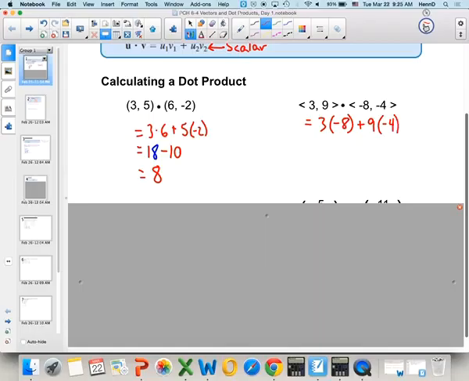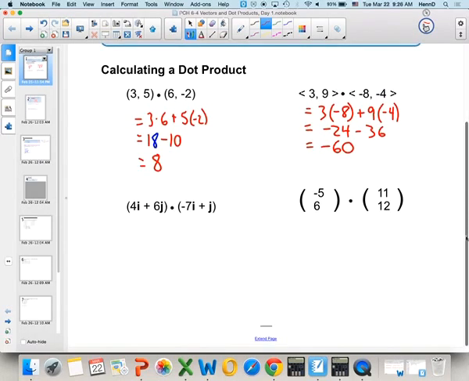So we've got a negative 24 minus 36, which is a negative 60. So not too bad, is it? No. Not too bad. You just got to remember the formula.